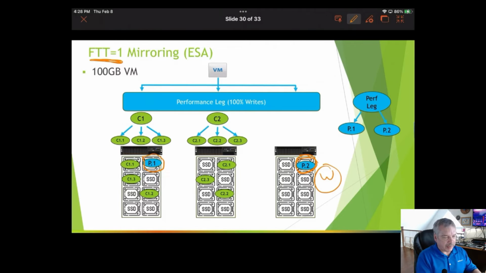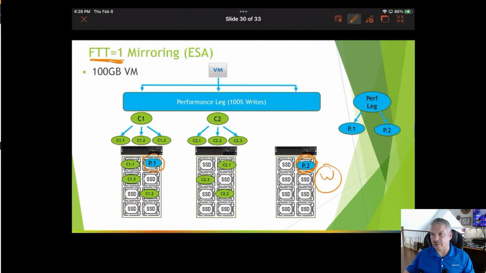Now I didn't do any slides on failure to tolerate of 2 with mirroring or 3, but again, it's basically the same kind of thing. Failure to tolerate of 2 with mirroring, you need 3 performance legs. Failure to tolerate of 3, you need 4 performance legs, and so on. Very, very similar. You can play with that. So let's take a look at this now, okay?